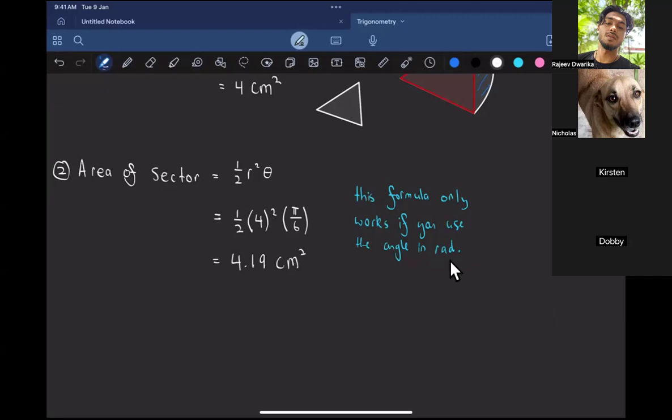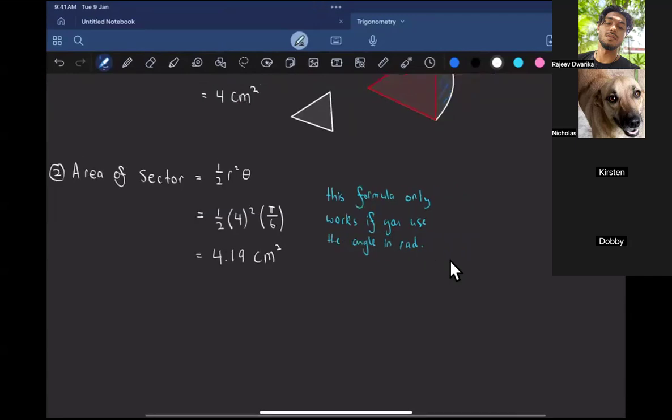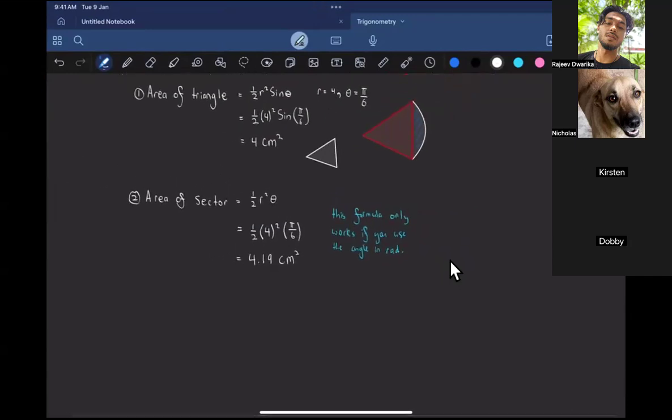Right. So, question. Kirsten, if the triangle is 4 centimeters squared and my sector is 4.19 centimeters squared, where do you think the area of the shaded region will be? So if I take the triangle and remove it from the area of the sector, the only thing I'll be left with is the shaded region. So tell me what the area of the shaded region will be.